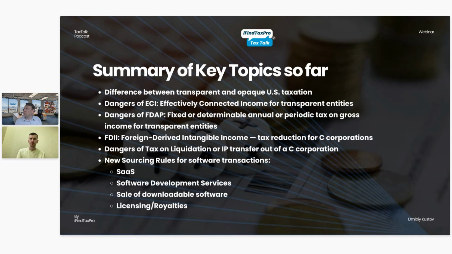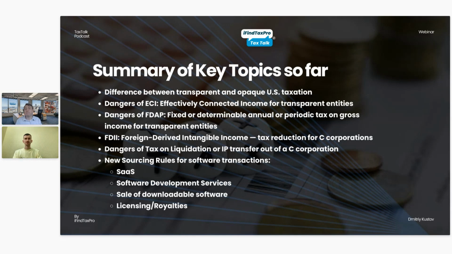Let's say the CEO lives here in the United States, salespeople live here, and then you have another corporation in a foreign jurisdiction, taxed as a corporation, not as pass-through, that holds the IP and develops the IP themselves. So it's an IP holder, and all the IP is stuck there.